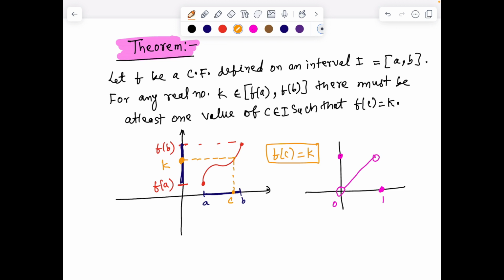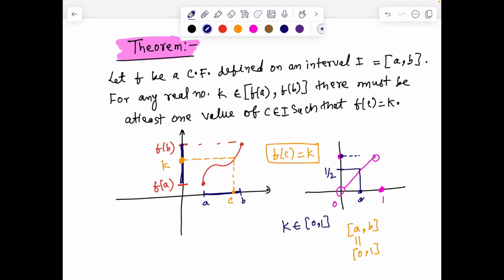So you can clearly see this function is discontinuous in the closed interval a to b, where a is 0 and b is 1, because of endpoint discontinuity. But you give me any value of k which belongs to the output 0 to 1, say you give me half, corresponding to this there is some input, right?